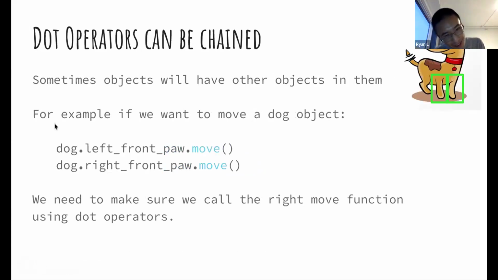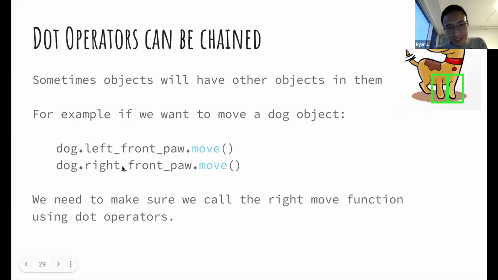You can also use dot operators if you have a dog object. You can use the left front paw, which is accessing a property of the dog, and properties are like variables. And then we have move, which is a function. First you access the dog, then whichever paw you want to use your function on, and then you use the function.